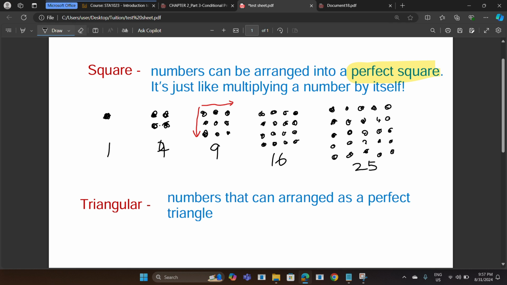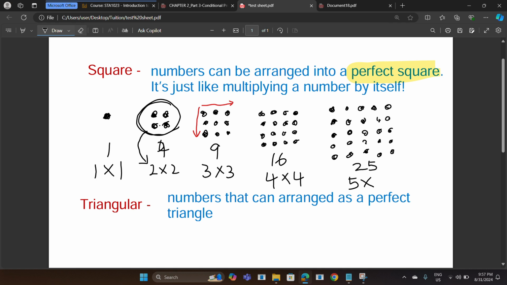We can just multiply the number by itself. 1 by 1, 1. 2 by 2. This is the second square number, so we multiply 2 by 2. And 3 by 3 in the third square number. 4 by 4 in the fourth square number. And 5 by 5 in the fifth square number.